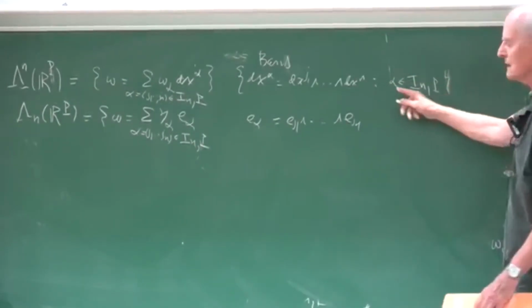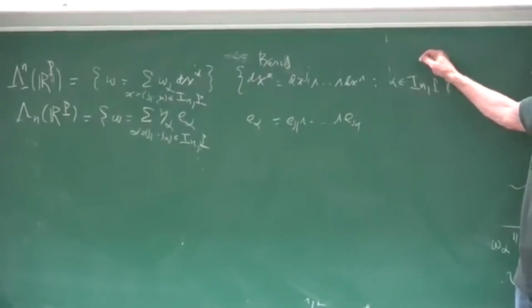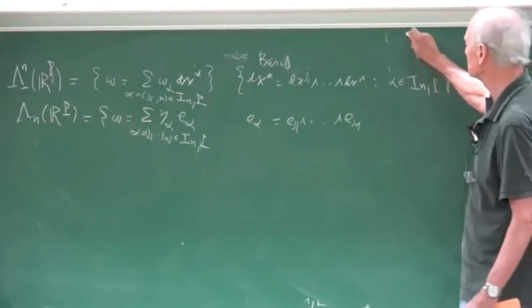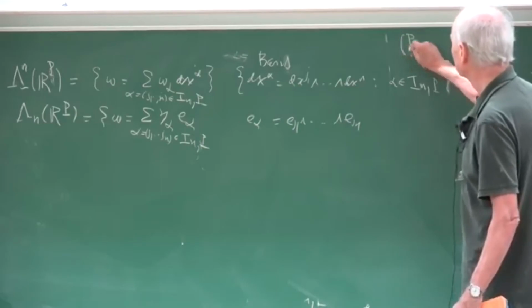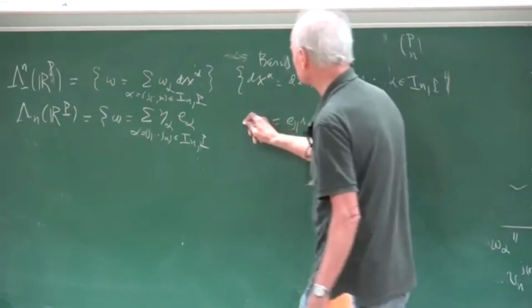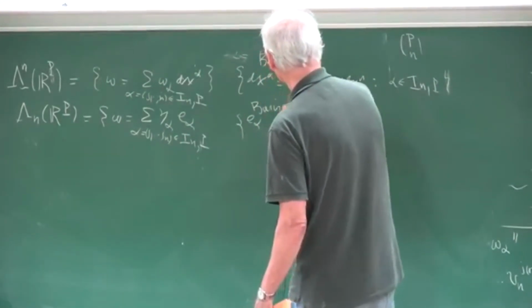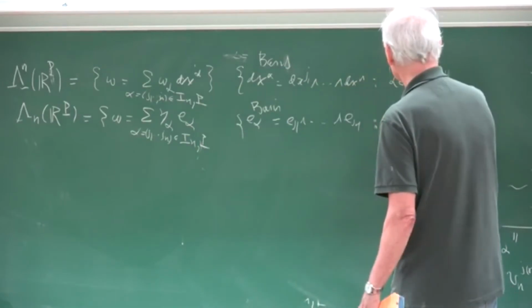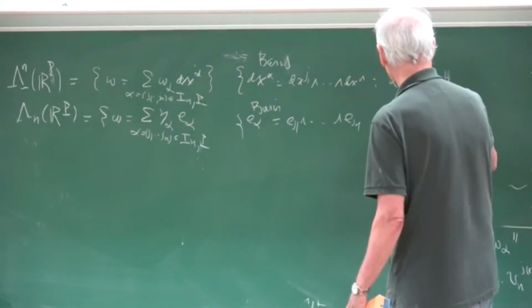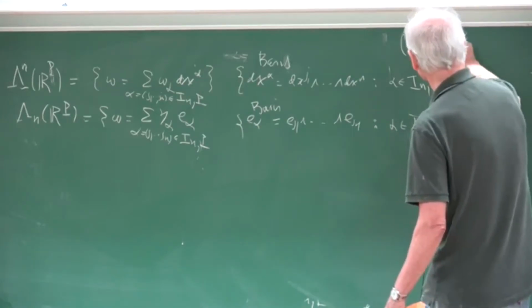What's the dimension of that again? What's the number of elements in I n P? It's P choose n, isn't it? Yeah, P choose n. So the dimension is P choose n. And likewise, these are a basis for this space, similarly. So that's equal to the dimension.